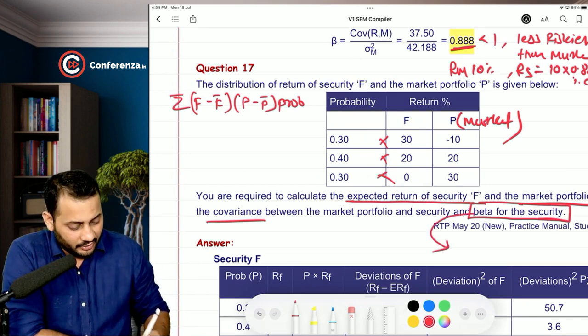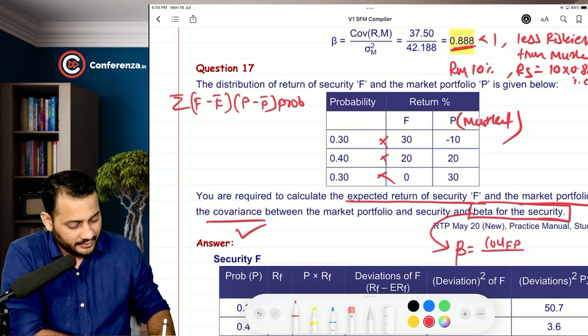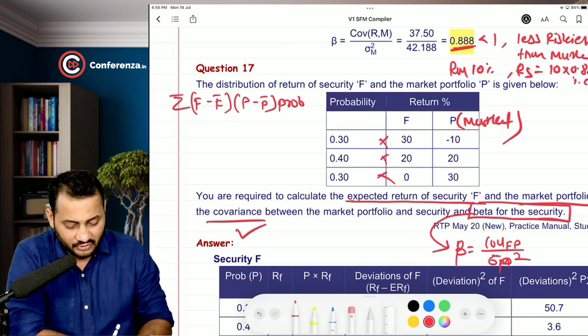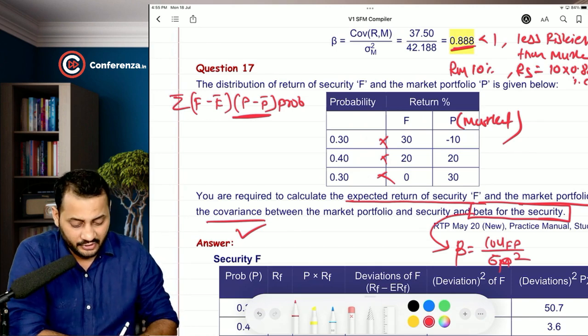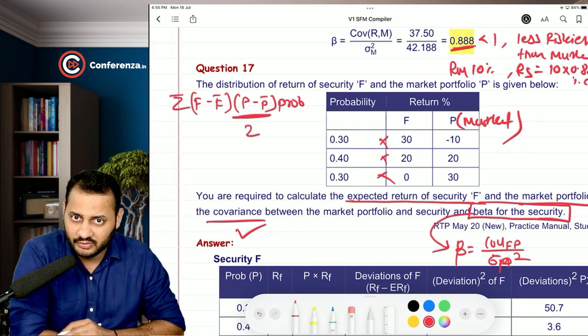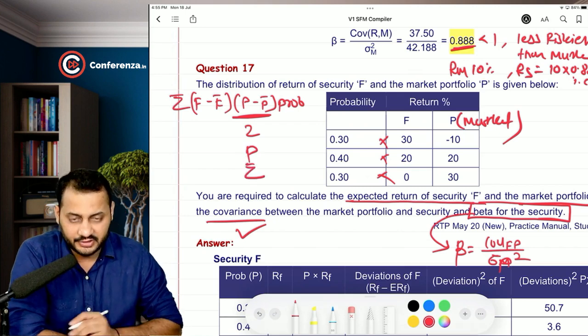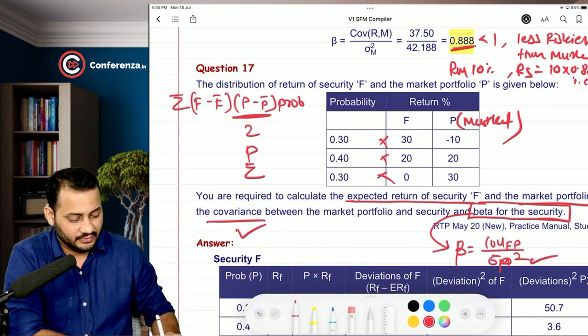See, the beta of the security formula is very simple: covariance of the stock with the market, which has just been calculated by us, divided by the market's variance, which is standard deviation of P square. See, this is the column that you have calculated, deviation of the market's return. You do the square of it to remove the negativity, multiply it with the probability, and do the summation. This will give you the variance of the market, and that is what is required here.